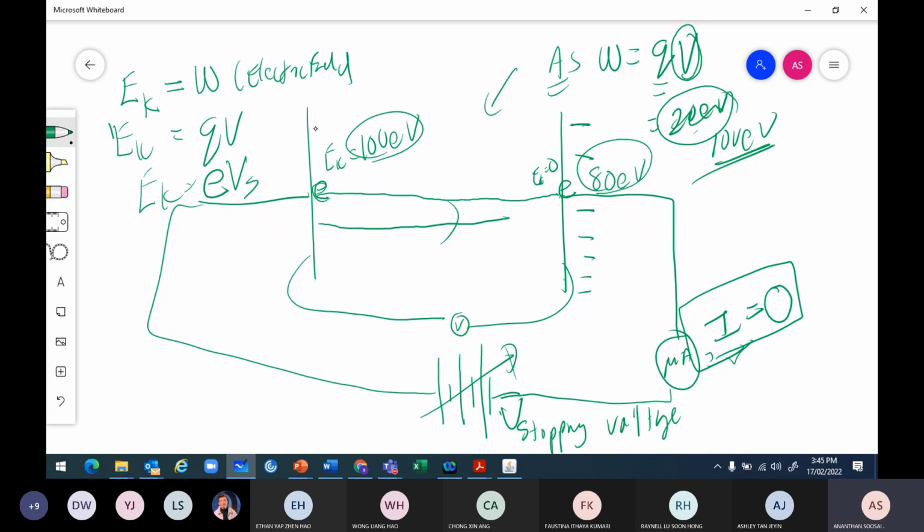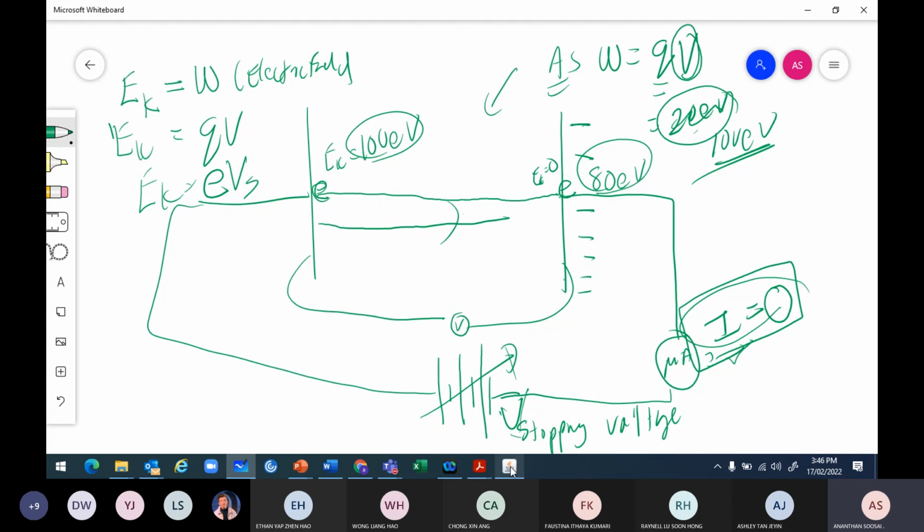So Millikan said we can find it by applying a reverse voltage. We make the right electrode the cathode, which slows down the electron. We raise the voltage until the current becomes 0 for the first time. Then eVS, this voltage multiplied by e, is the kinetic energy of the electron.